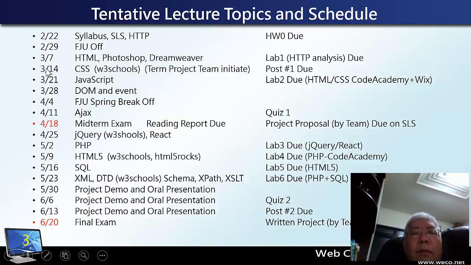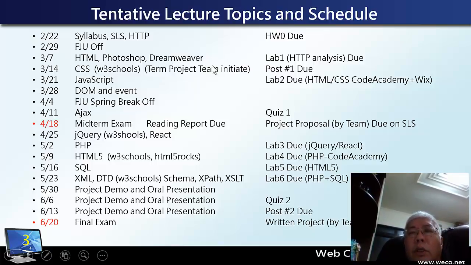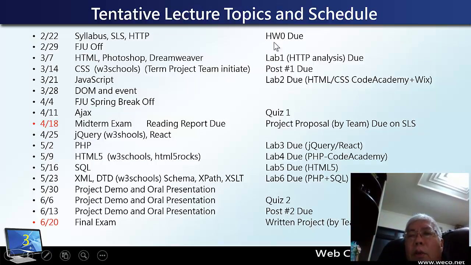On March 14th, we have CSS, and you can preview the content from W3Schools. And also on that day, our 10 project teams will be formed. And on the right-hand side, these are the labs and some posts on the social learning space.